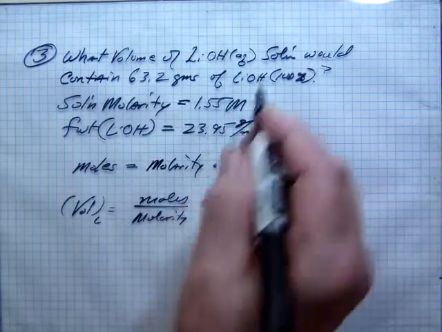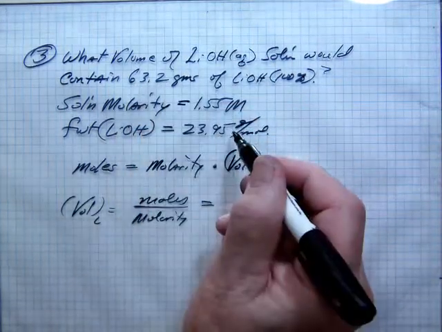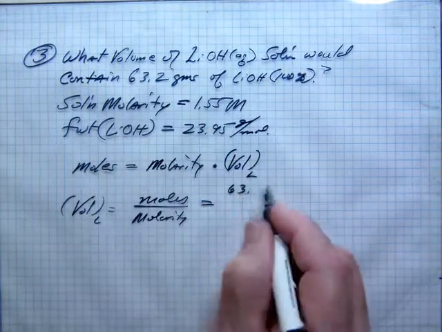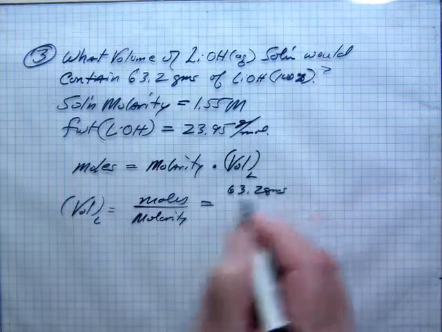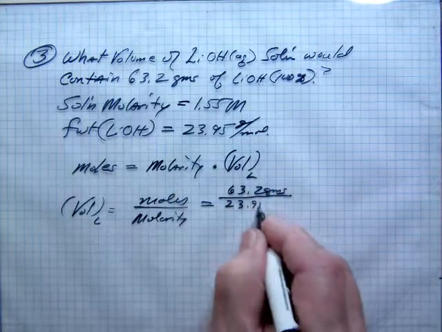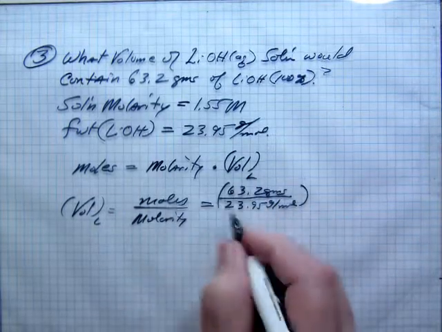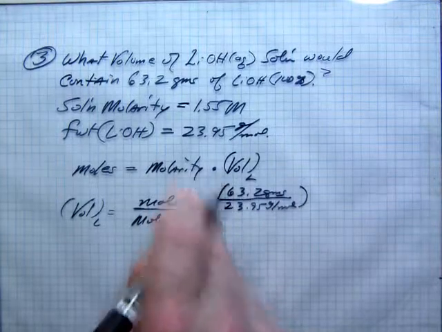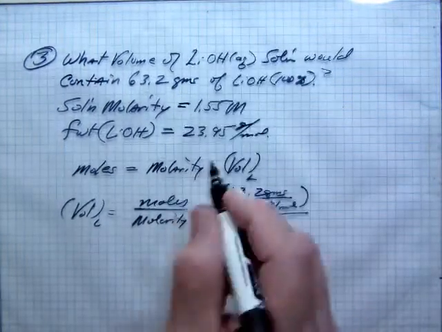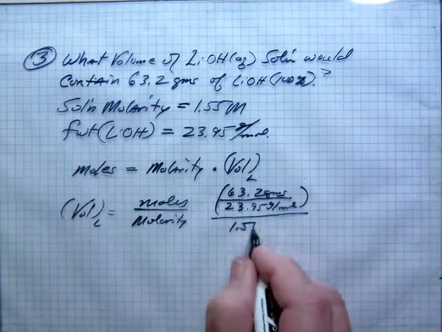So the moles of lithium hydroxide is 63.2 divided by formula weight. So I have 63.2 grams in solution divided by 23.95 grams per mole. So that takes care of my moles. Divided by the molarity it's given, which is 1.55 molar.